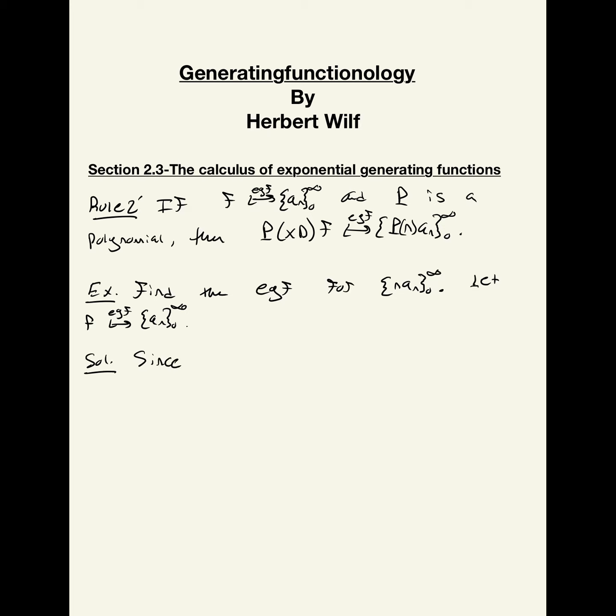So since f would be identically equal to this infinite polynomial, the exponential generating function, then the derivative of f, what our rule says is that you should really just consider taking the derivative and then multiplying by x.